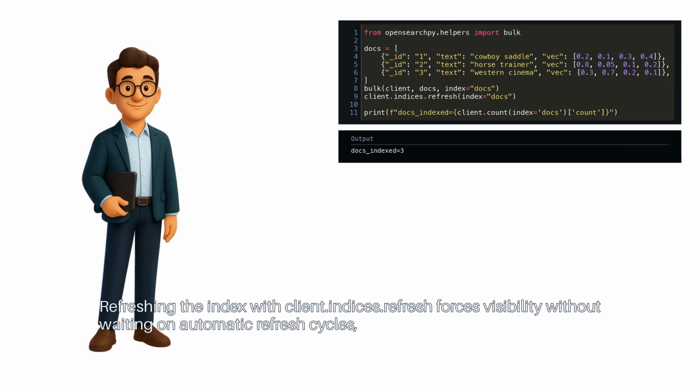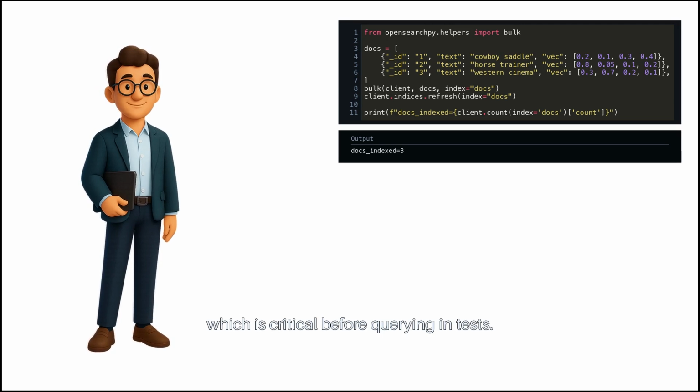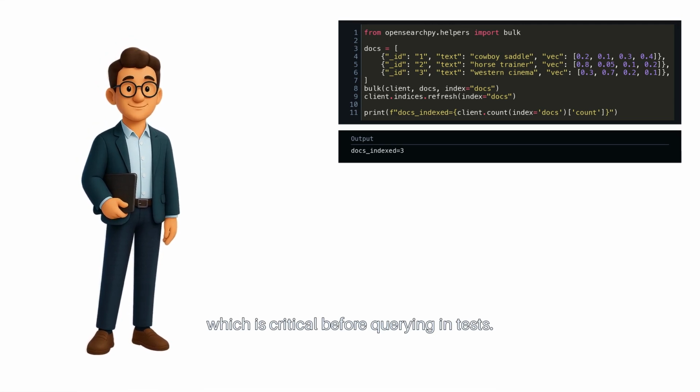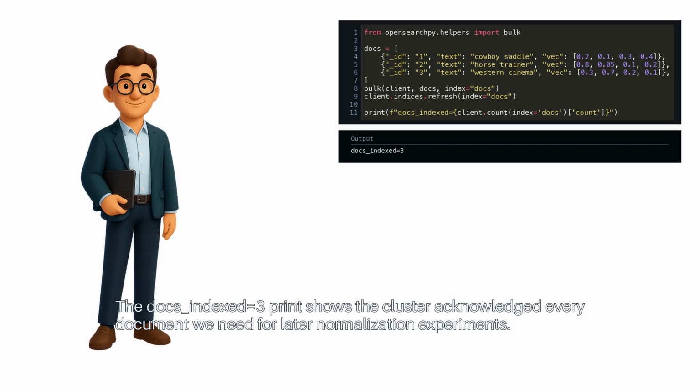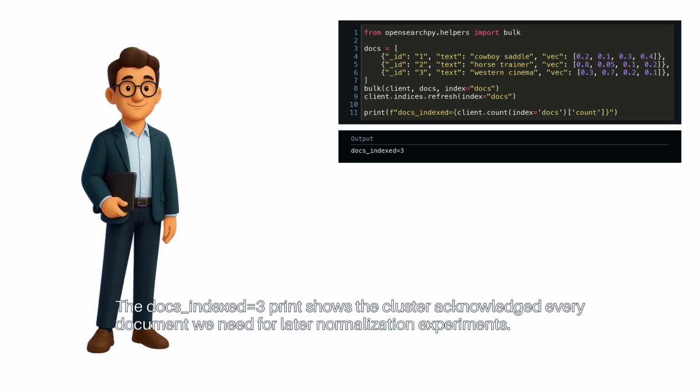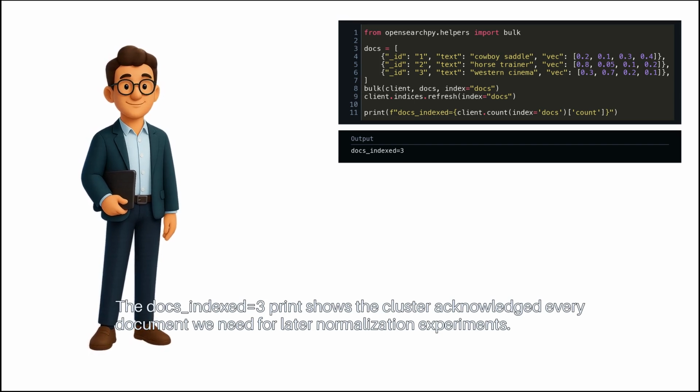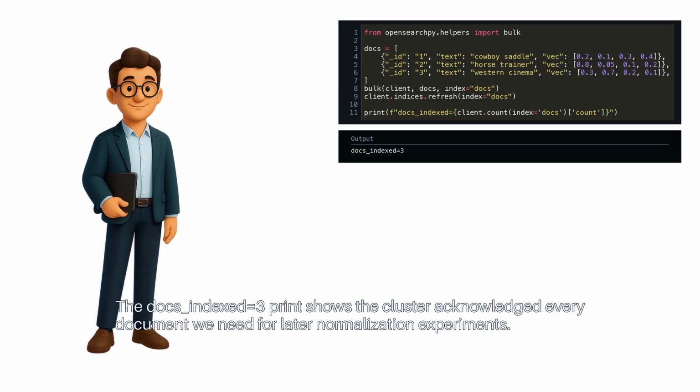Refreshing the index with client.indices.refresh forces visibility without waiting on automatic refresh cycles, which is critical before querying in tests. The docs indexed equals 3 print shows the cluster acknowledged every document we need for later normalization experiments.